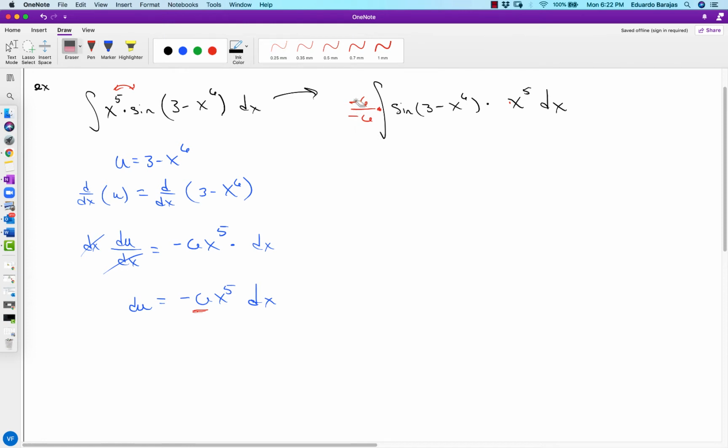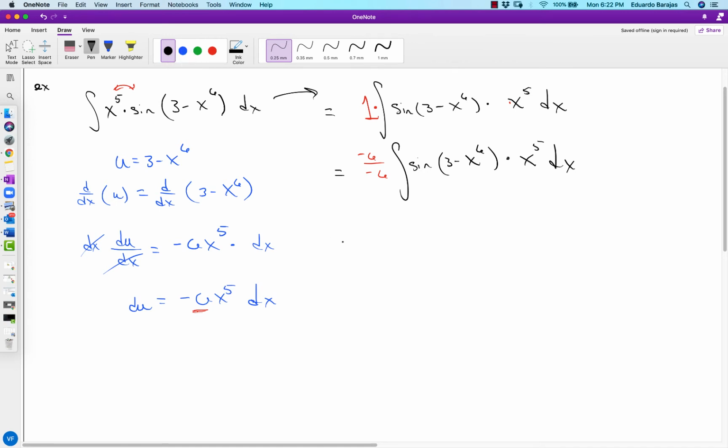So this one time, to be really clear, I'll start by multiplying by 1. That doesn't change anything. And then I'm going to multiply this by minus 6 over minus 6, that's another version of 1. Integral sine of 3 minus x to the 6th times x to the 5th dx. And then I'm going to put that one over there. I'm going to switch it around.